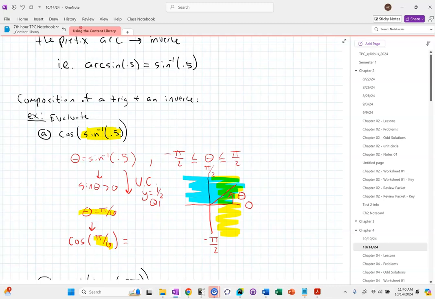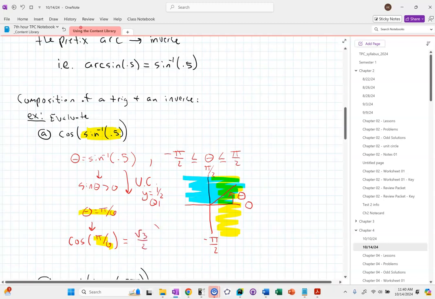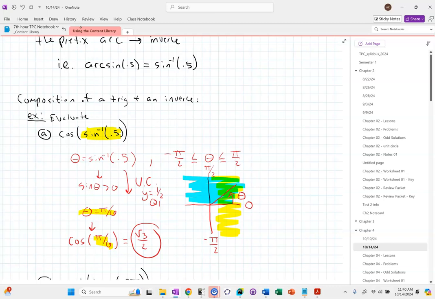And I look at the x-coordinate, which is square root 3 over 2. And that's my final answer. So it's just like a two-step unit circle problem, right? Use the inner part to find the angle, and then use the outer part to evaluate cosine of that angle. So far, so good? Okay.